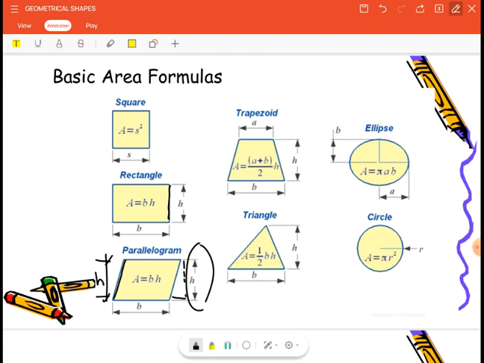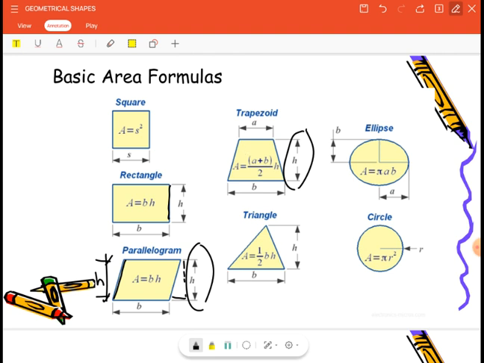Okay? For the trapezoid, we have the two different sides, yung A and B natin. Sometimes ginagamit natin siya as bases, base A and base B. And the area is equal to the sum of those two bases, yung A plus B all over 2 times the height. And of course, yung height natin dito is the horizontal height din, hindi yung naka-slant, no?